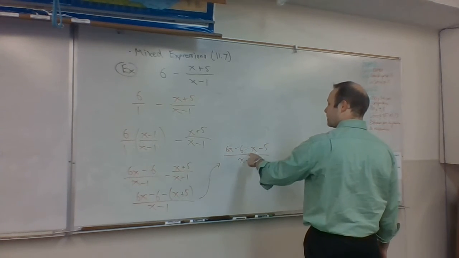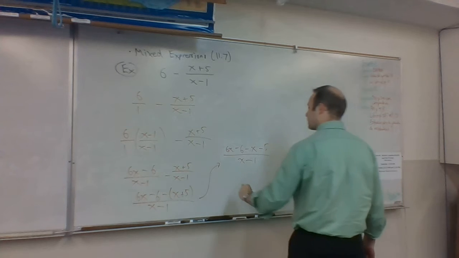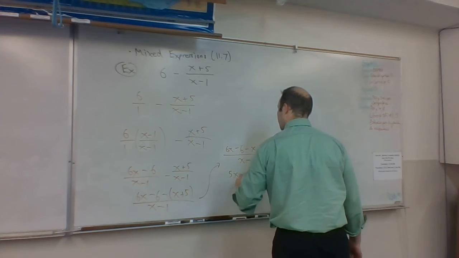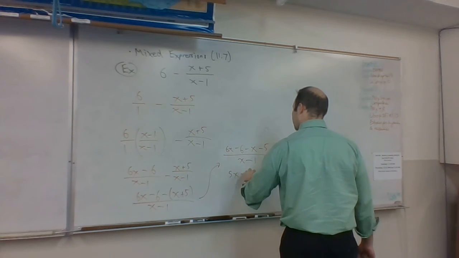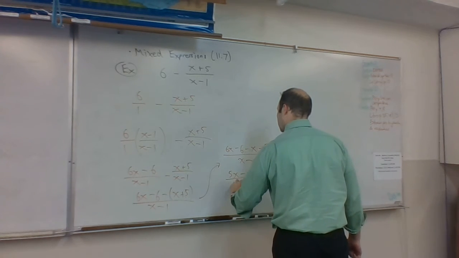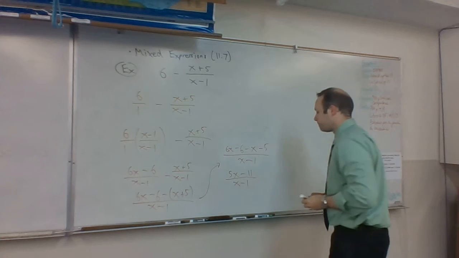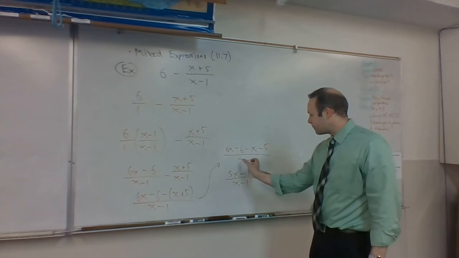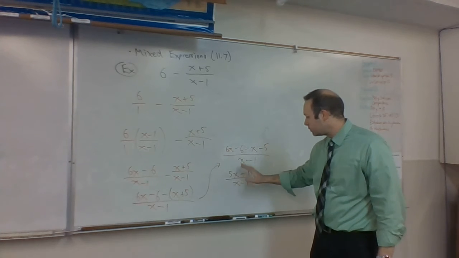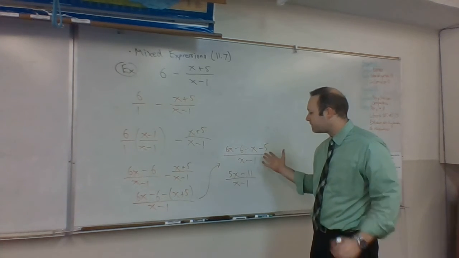All right. So what simplifies here? 6x minus x, that's a 5x. Negative 6 minus 5, minus 11 over x minus 1. All right. We should look at it, see, does it look like there's anything we can factor out here so that we can do more simplifying? 5 and 11.